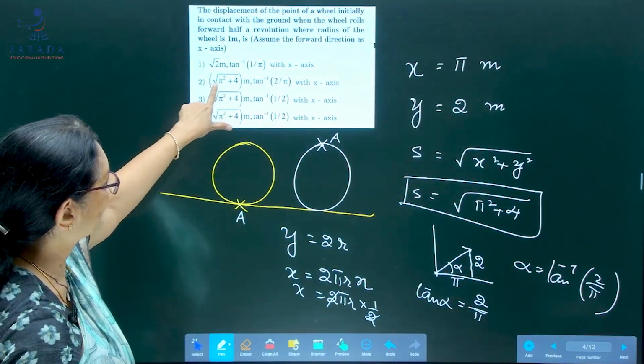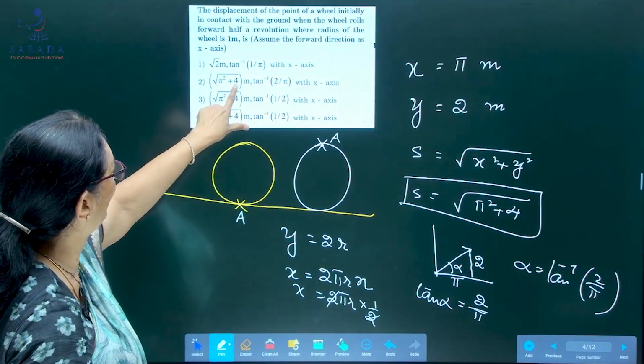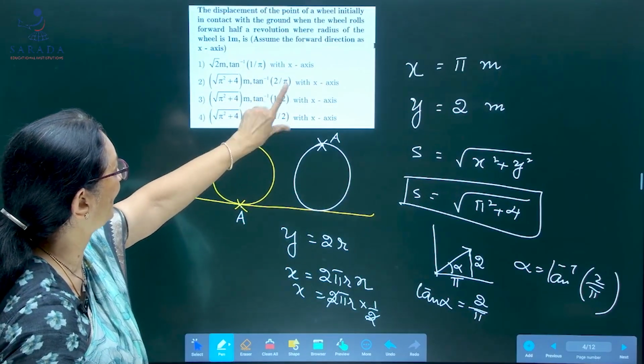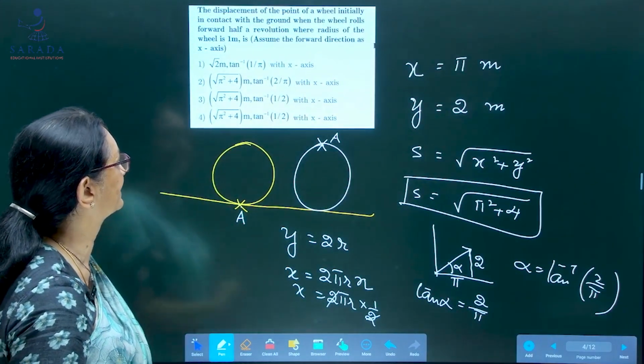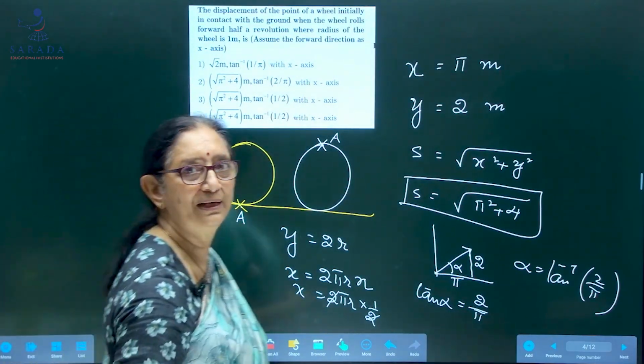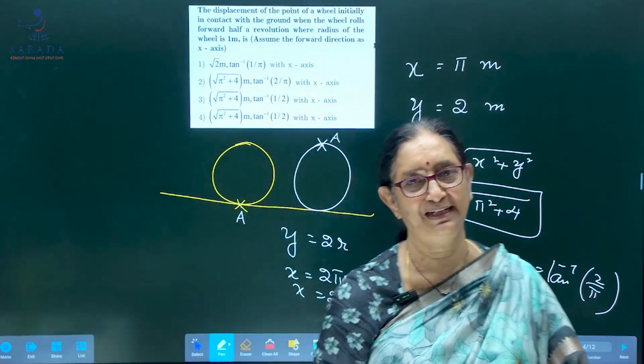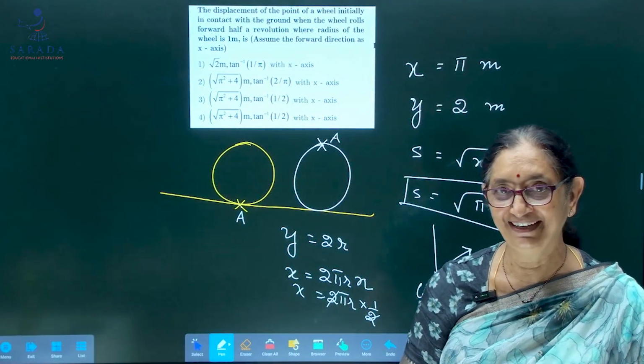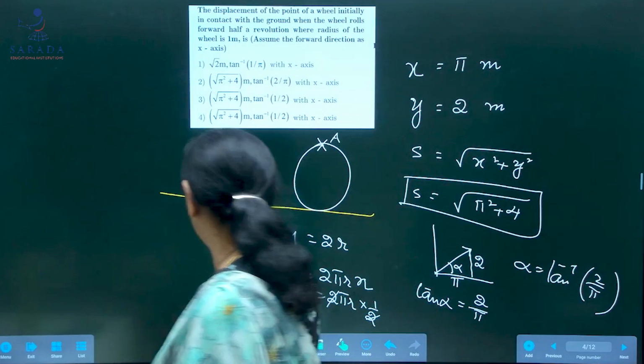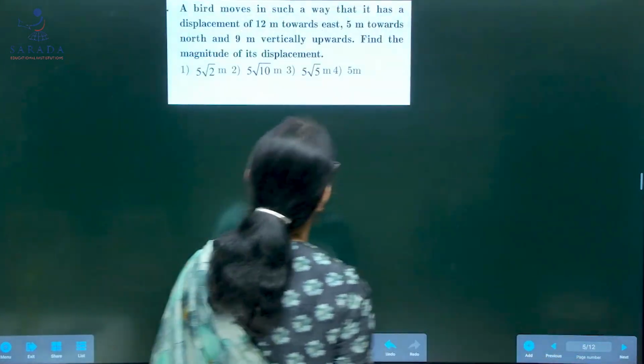So the answer is root of pi square plus 4, tan inverse 2 by pi with the x-axis. The second option given is perfectly right for that problem. Clear? Good. Let us go to the next problem.